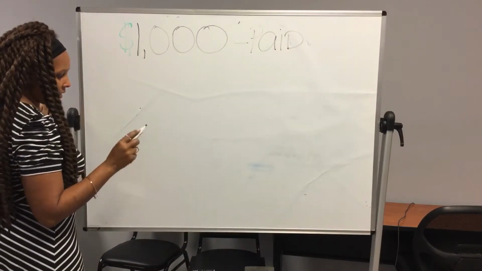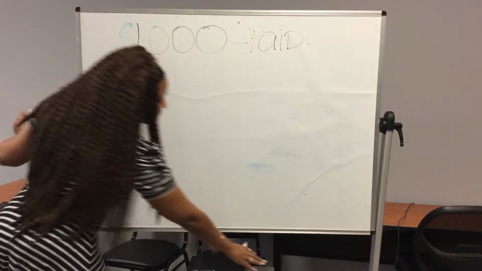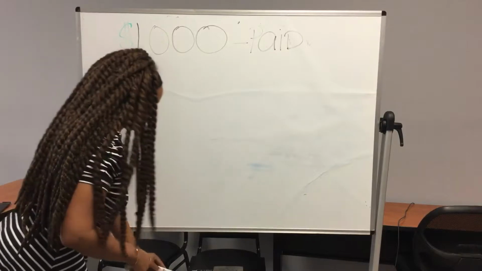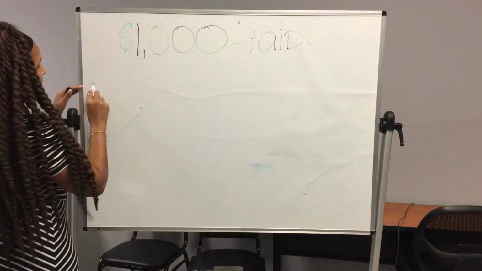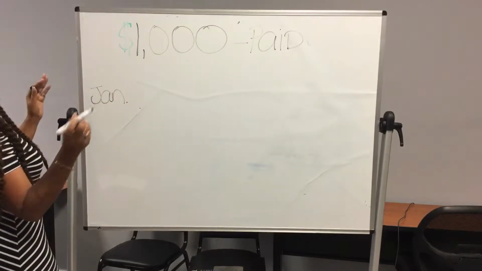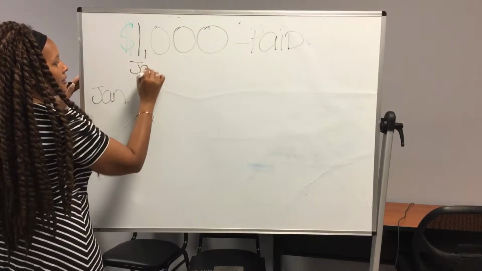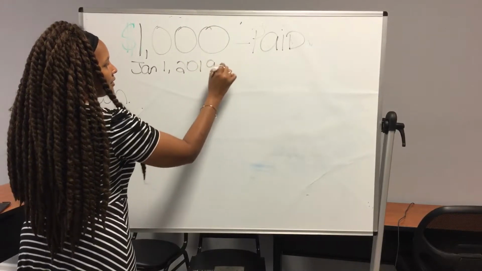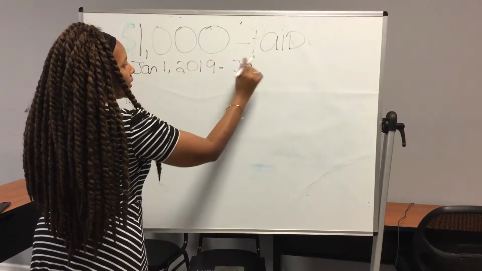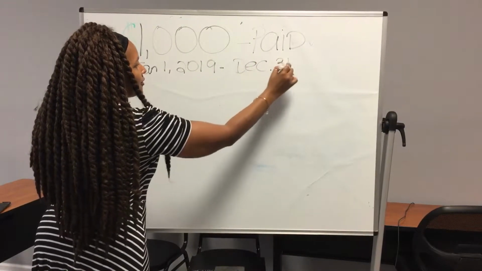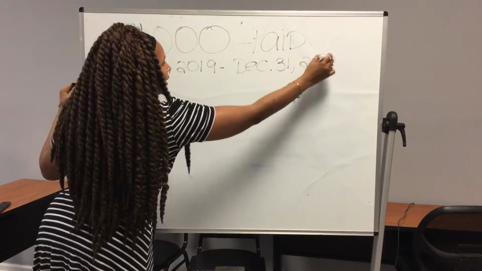Okay, so the taxes have been paid, which means we're going to assume that they were paid from January 1st. We'll just use the current year, 2019, and they're paid all the way through December 31st, 2019.